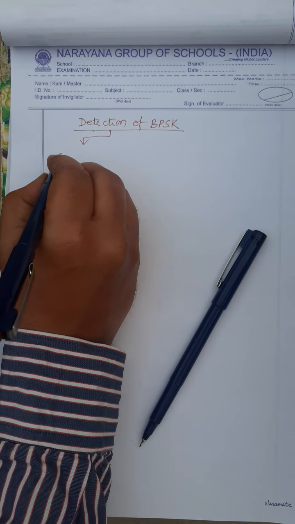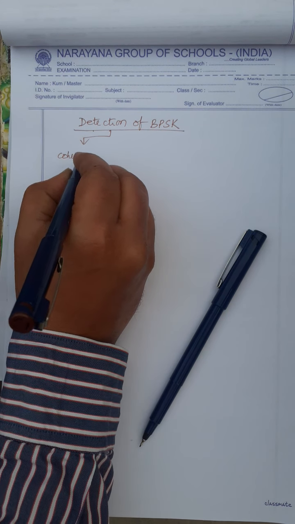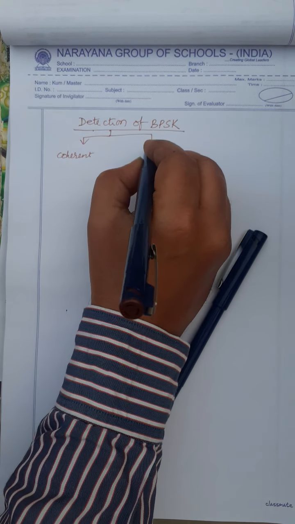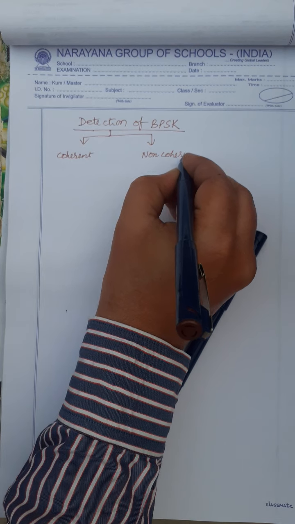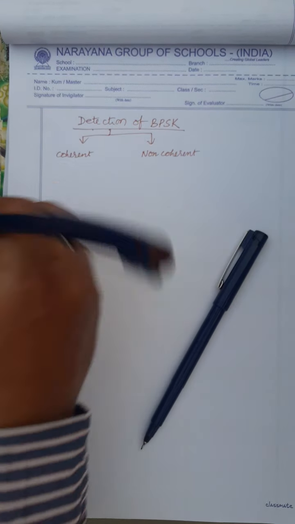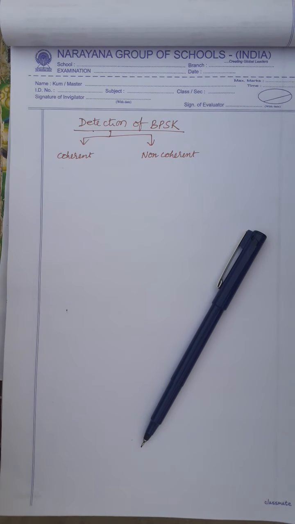One is coherent and another one is non-coherent. What is the difference between coherent and non-coherent?